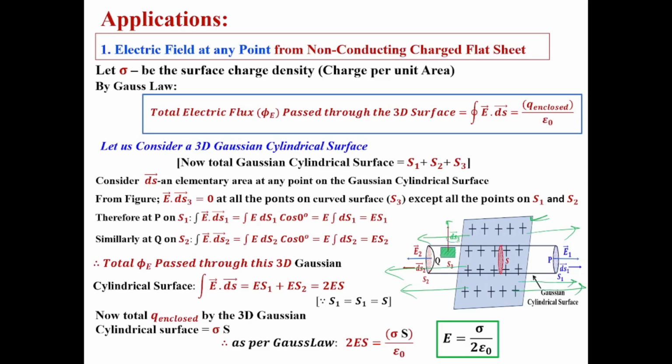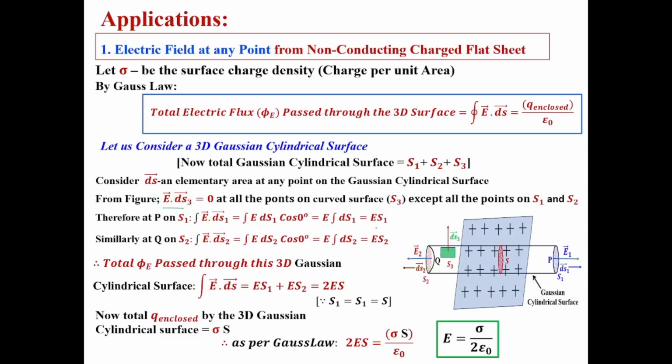So E dot ds3 will be 0, because the E vector and ds3 are perpendicular to each other, so the dot product will be 0.